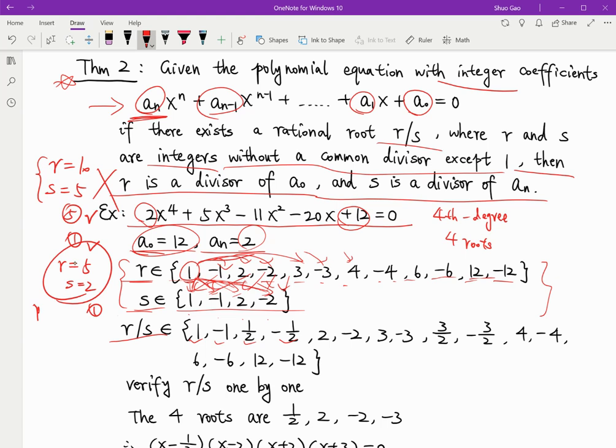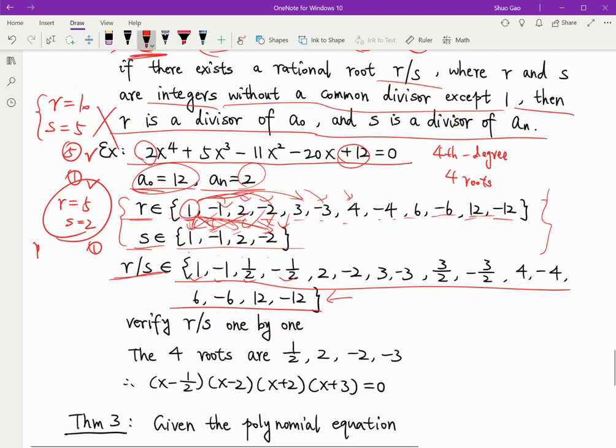Then we find that, using all the pools here, R over S should be within this set. There are a lot of numbers to choose from. So we know that if there's a rational root, then this root has to be within this set.